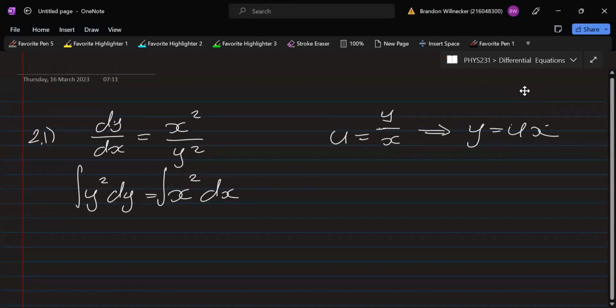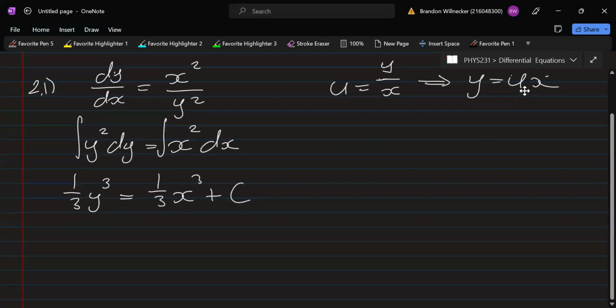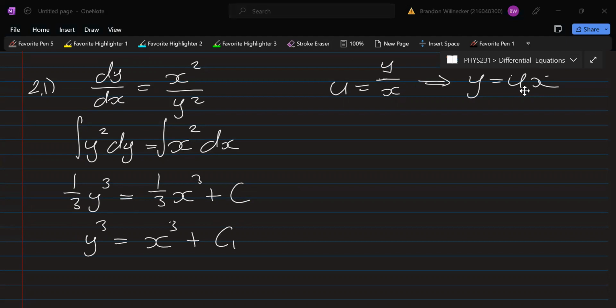Okay, but let's do the separation of variables. This is going to be 1/3 y cubed is equal to 1/3 x cubed plus c. Now just to simplify things, we can multiply through by 3. So we get y cubed is equal to x cubed plus c1, where c1 is a different constant because we multiplied c by 3.